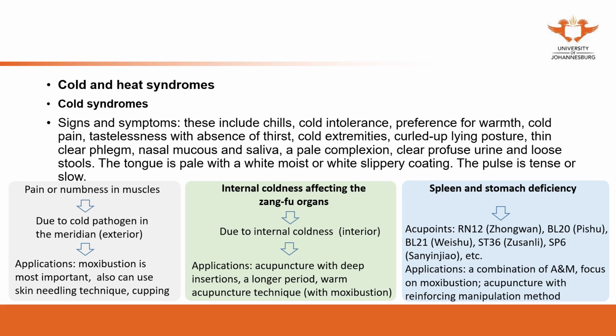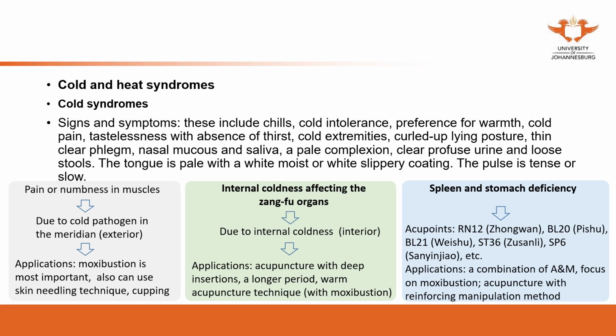When it presents on the tongue, you can see a moist or slippery tongue. Due to coldness, the patient may present with pain or numbness in the muscles, so that's body ache. In this situation, we can use Moxibustion. We also can use the skin needling technique or cupping, because these are on the superficial level of the skin.